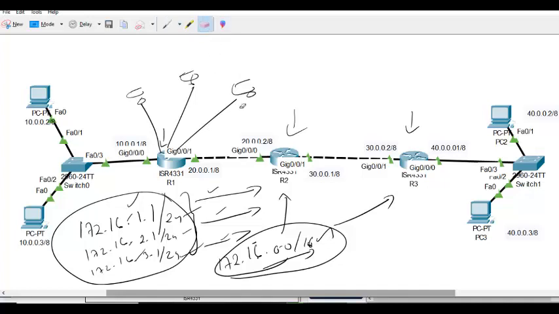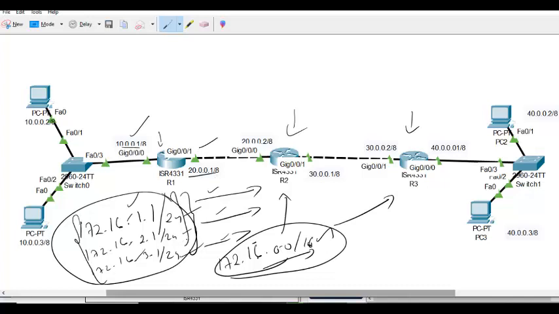Or let us assume in this router, I have only 2 ports, already used. Then how am I going to have these 3 networks? When I buy this router, it came with 2 interfaces. I already connected one here and gave this IP address, another here, and gave this IP address. Then how am I going to give these IP addresses and test it?